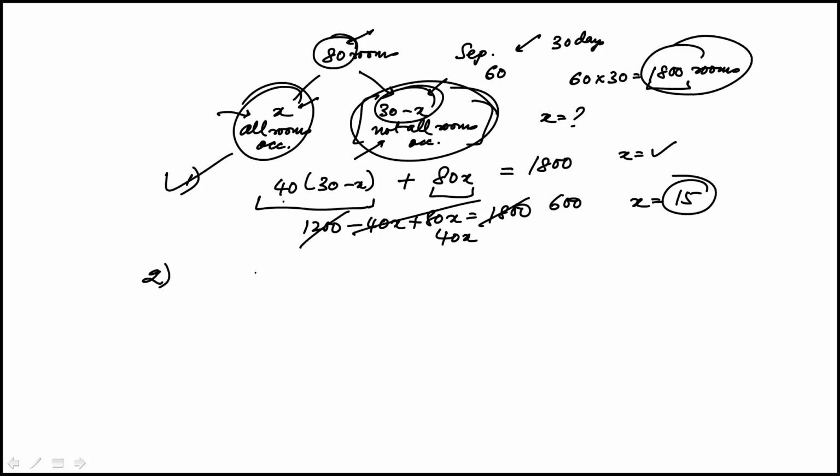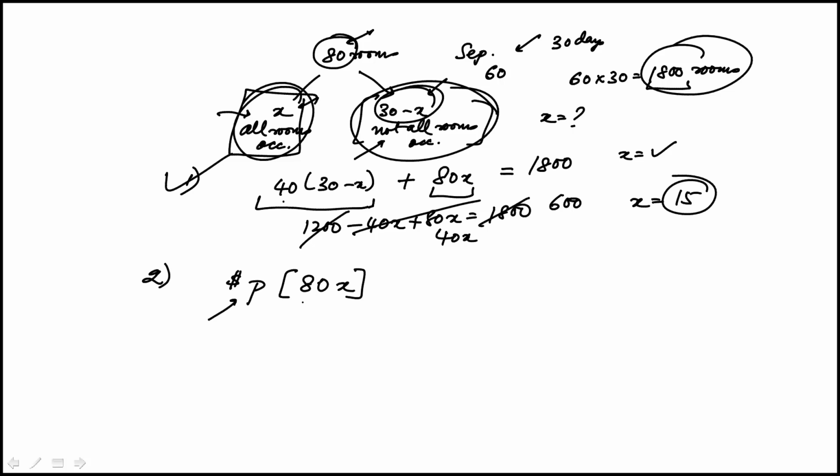2 says the total revenue for the nights when all of the rooms of the hotel were occupied, which would be the revenue, they don't tell you how many dollars, so it's 80 rooms times the number of days that all rooms were occupied times, let's say P dollars is the amount charged per night.